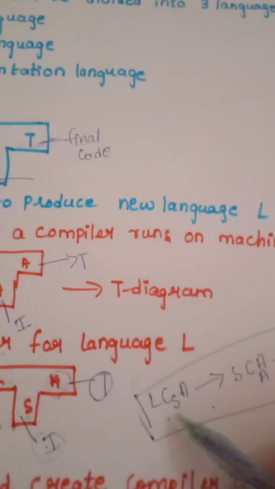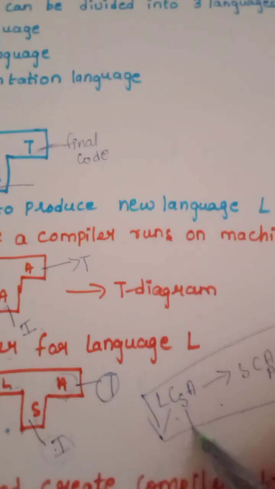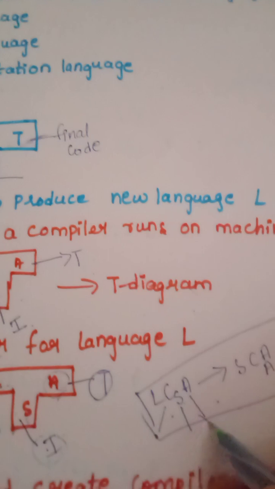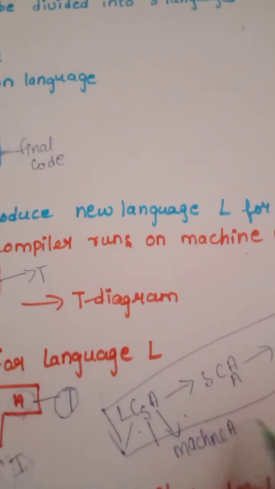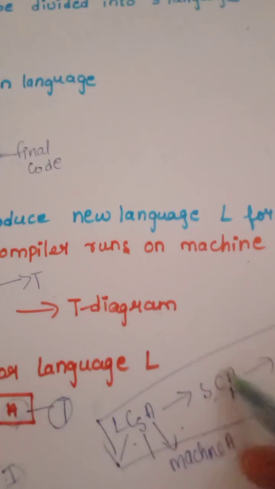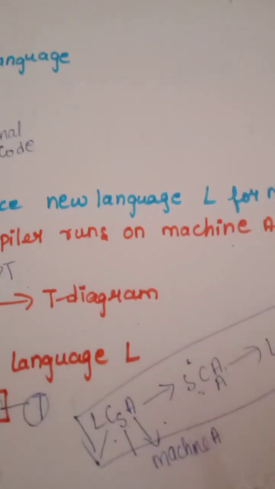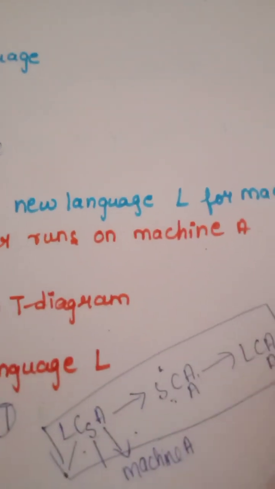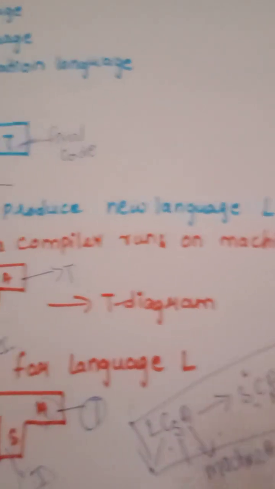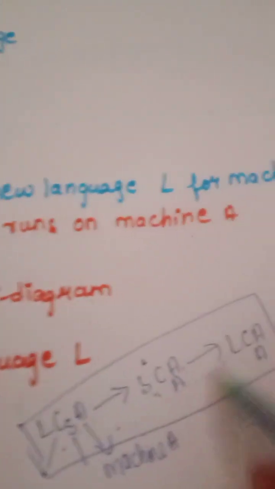L C_S A means you are using a language, with a source code, and this contains machine A. In the other one also, we have taken a source code and machine A, and this is also the same. After combining, we get this final result.